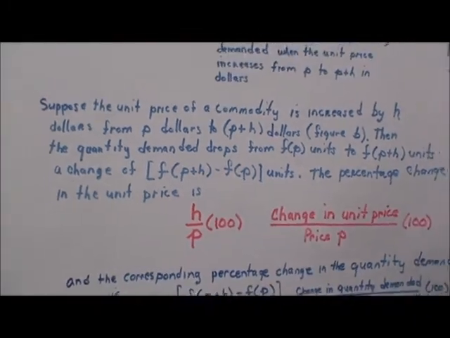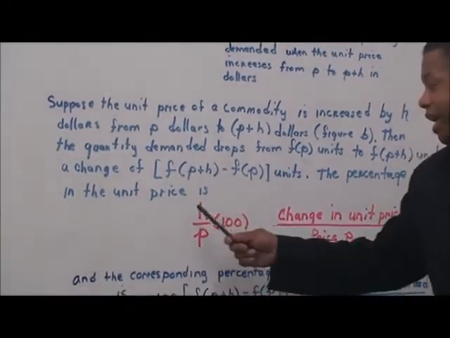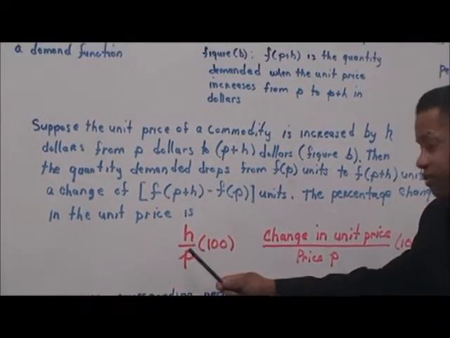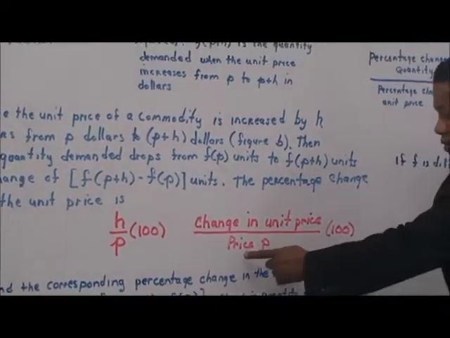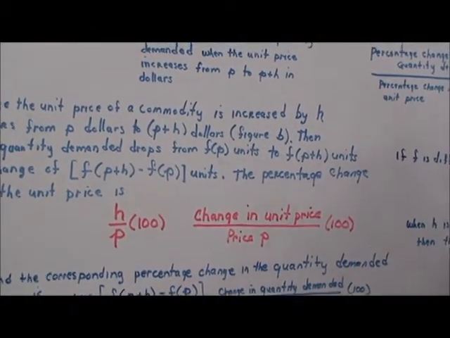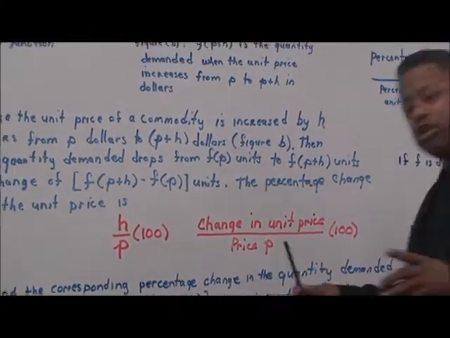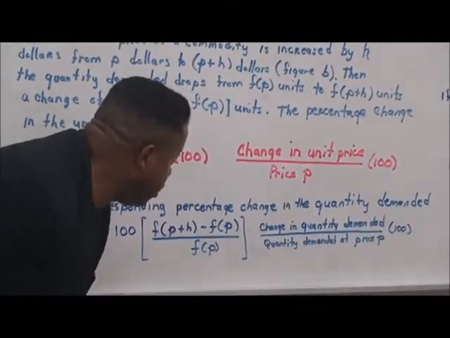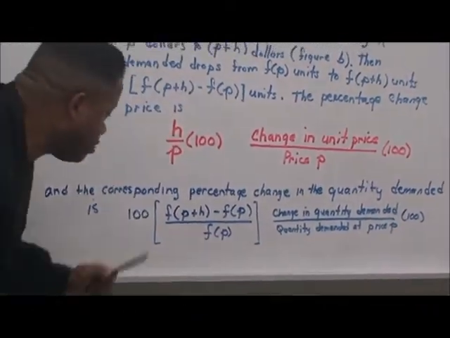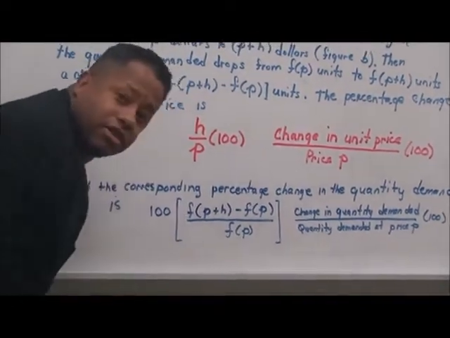And the percentage change in the unit price is H divided by P times 100. So this is the change in unit price over the price P, times 100.